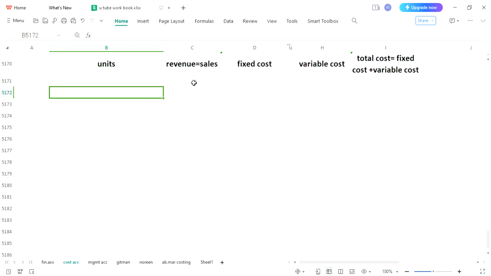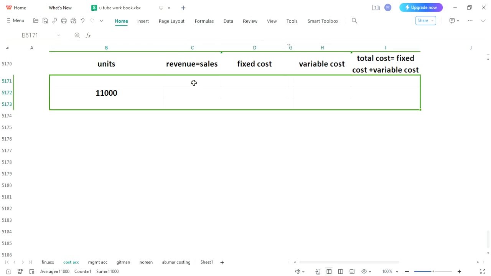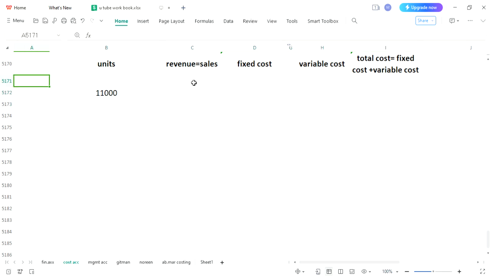In the second line you will write your break-even number of units, 11,000. Okay, you need to focus because it is a little time-consuming, attention-seeking process.